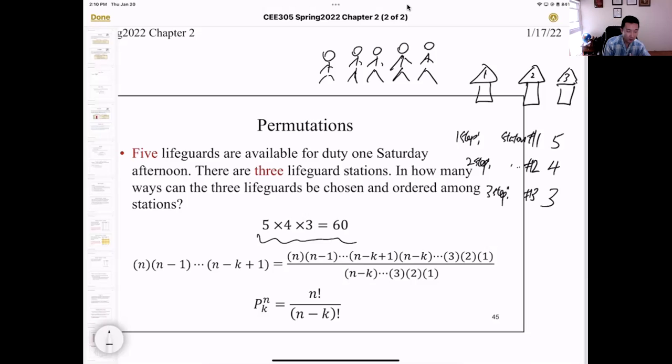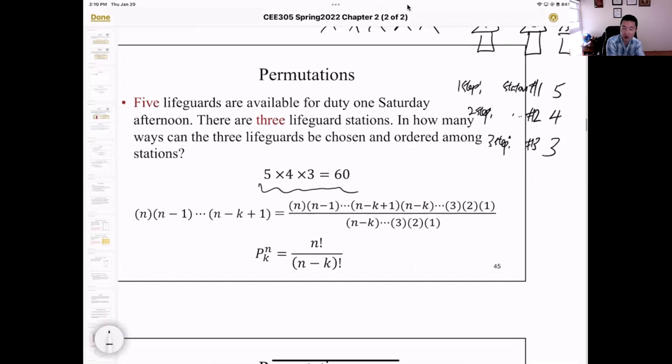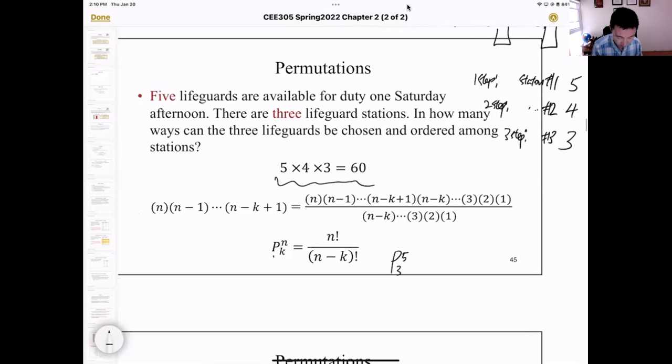In general, for this kind of question, we can use the equation of permutation to calculate. Permutation is called P. So P(n,k) means, in this question, we try to pick 3 lifeguards from a total of 5 for the 3 stations. So we can simply use the equation P(5,3).